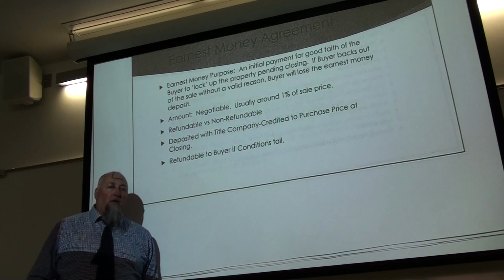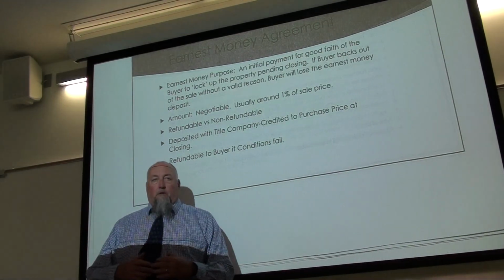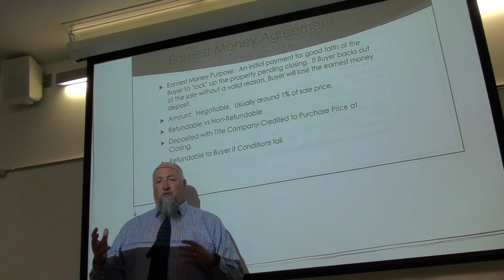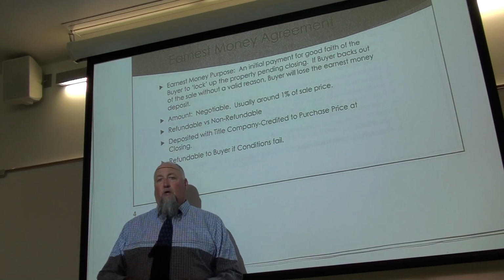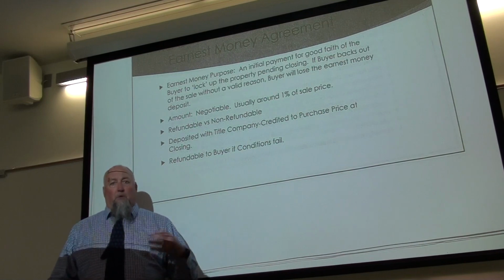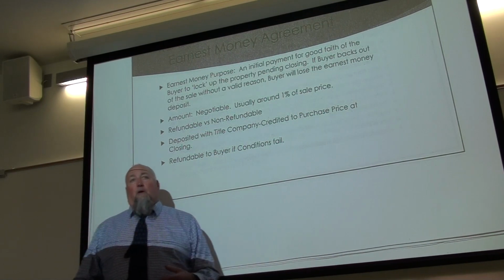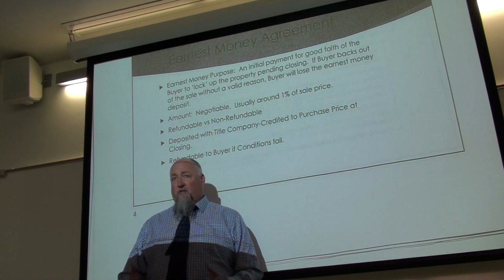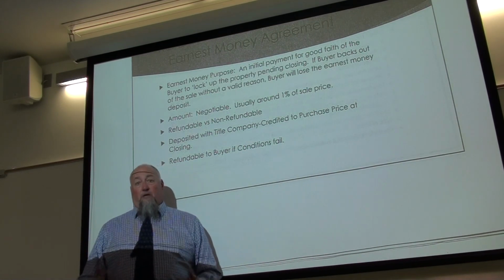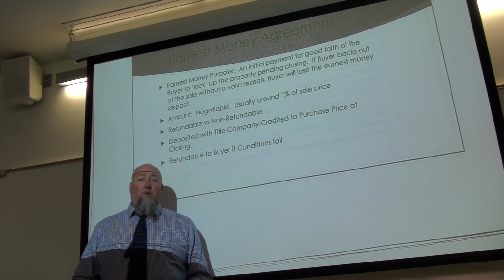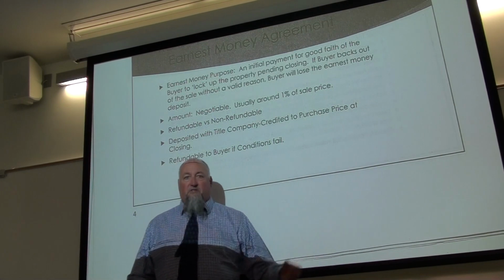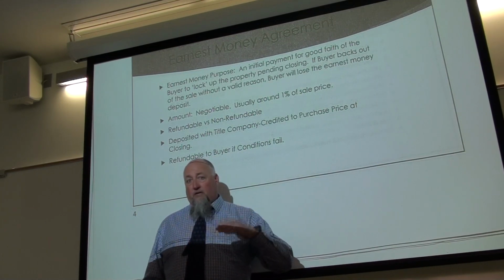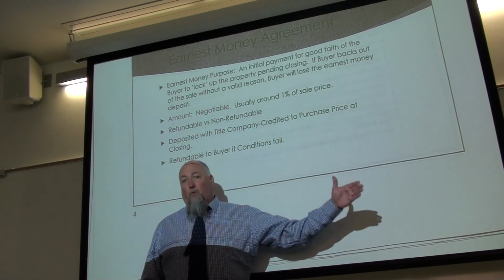A title company acts as an intermediary, and their basic job is, number one, they will do what's called a title report, where they will investigate the title to make sure that there are no other issues with the title, and make sure that the person selling it has the legal authority and is vested in the property. It's not somebody else and they're just saying they own it. And if necessary, they'll go back and do a history. It's called a chain of title report.